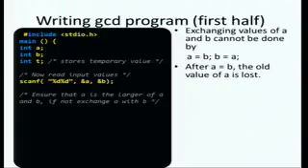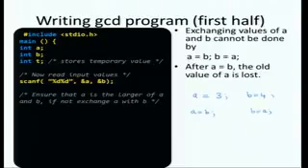Now how do we do this? The first thing to try would be this. Let's say A was 3 and B was 4, and suppose I just said A equal to B and B equal to A, since I want to exchange the values of A and B. What will be the effect of this?